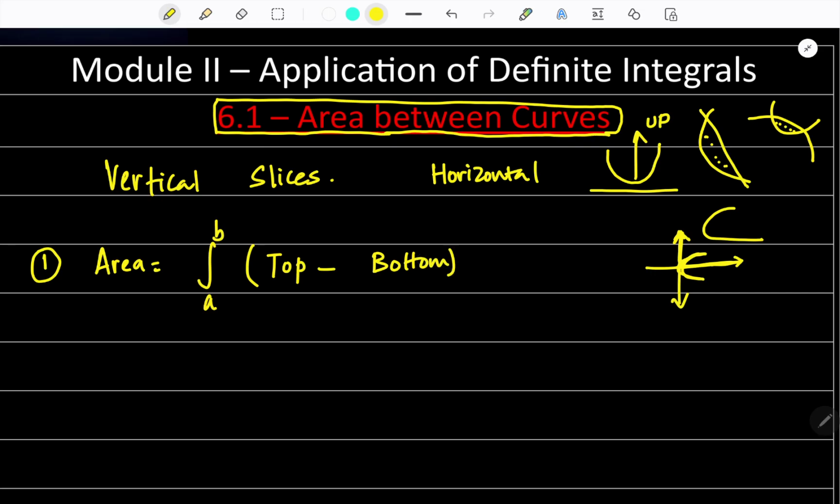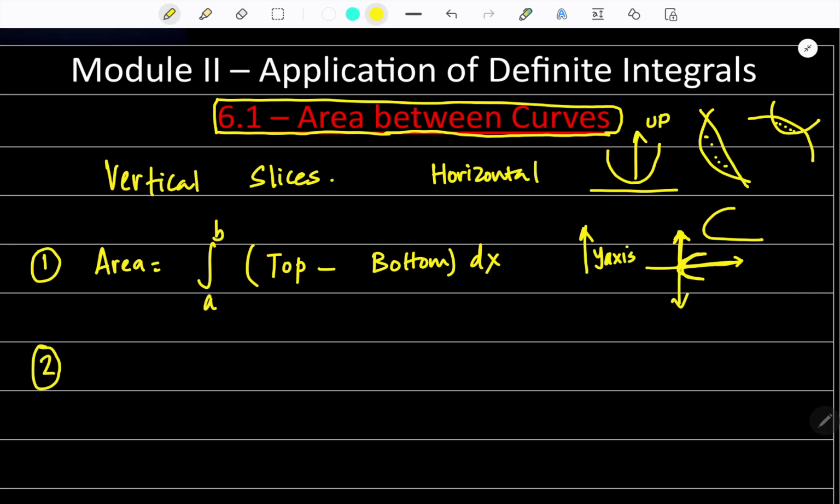Many people use f of x and g of x and get confused about which is which, but I usually use top minus bottom. Top means up, bottom means down, so top minus bottom dx. This is the formula to remember when the picture is a vertical slice.